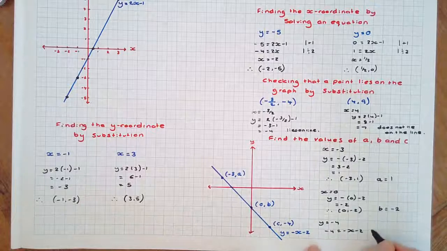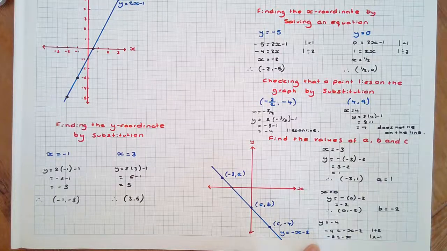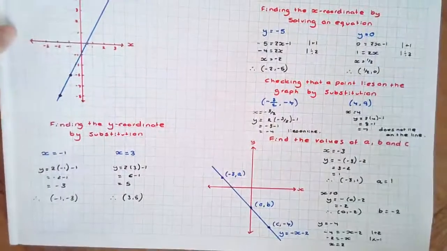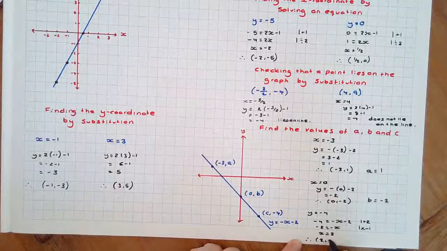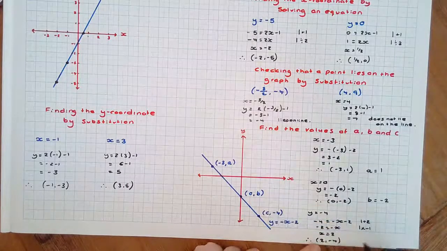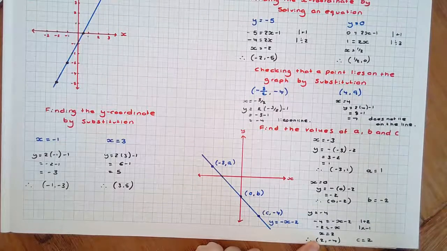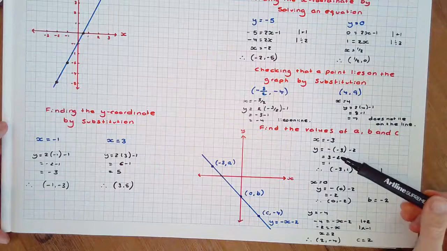I'm going to add 2 to both sides, and I'm going to multiply both sides by negative 1, and I get a final answer, x equals 2. Therefore, there's a point at (2, negative 4), so therefore c must equal 2.